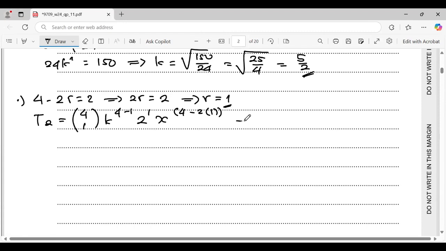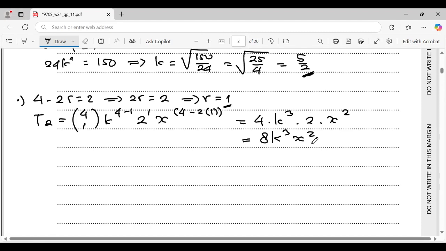It's going to be 4 times k cubed times 2 times x squared, because 4 minus 2. So it becomes 4 times 2, 8 k cubed x squared.